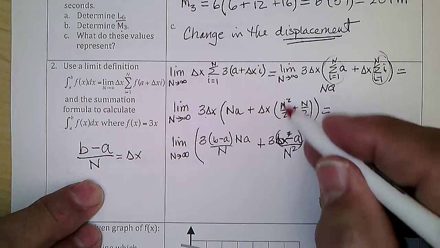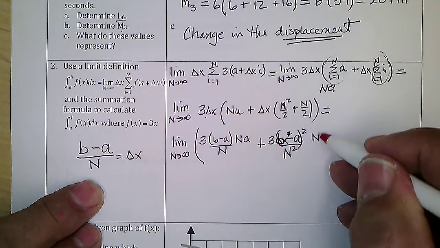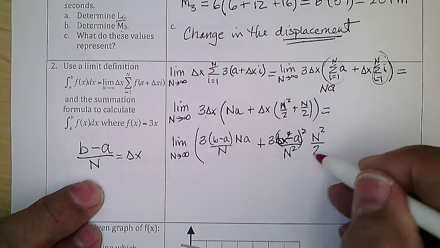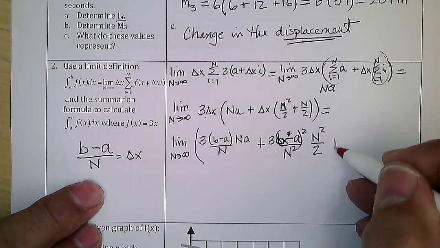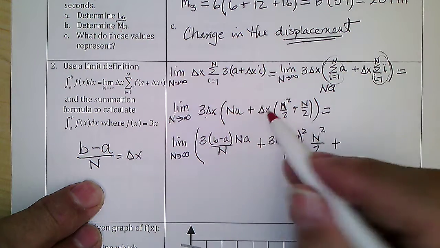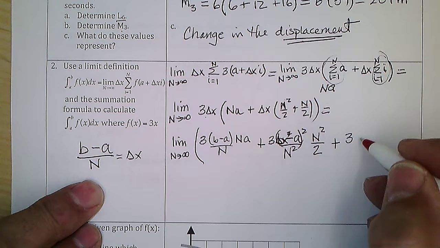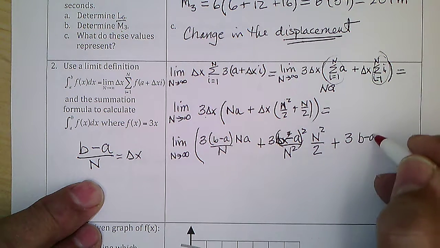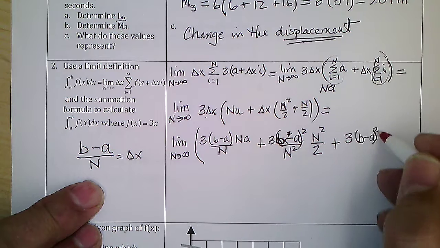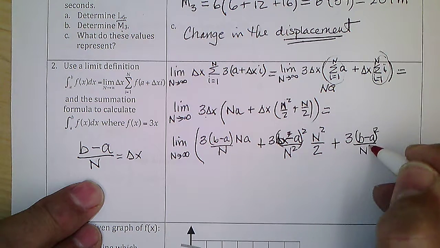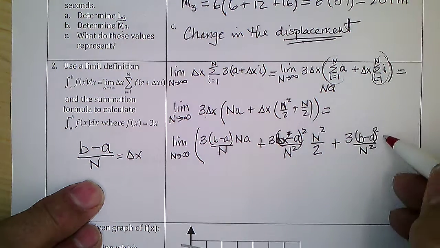And that's going to be times this first part, n squared over 2, plus it's this times this, which is going to be 3 delta x squared times the second part.